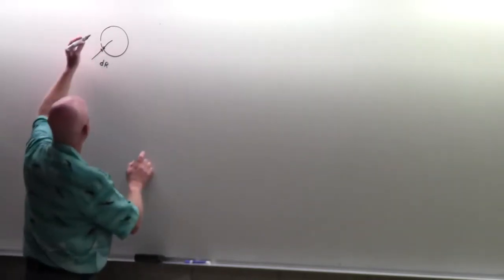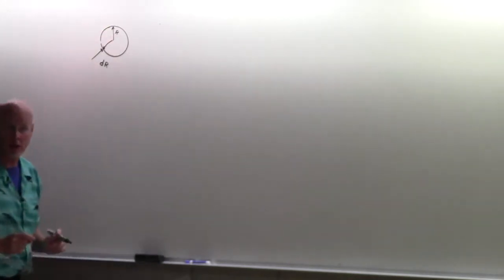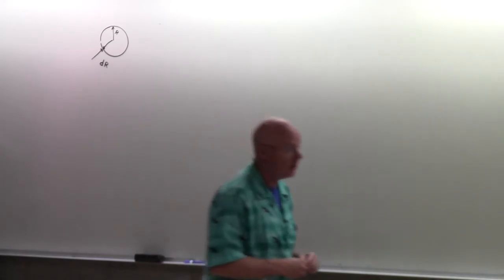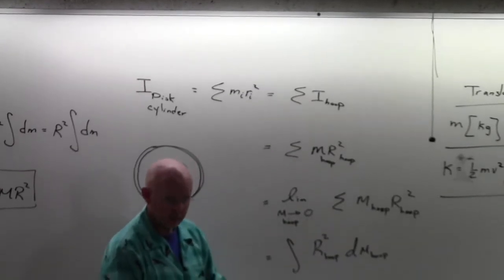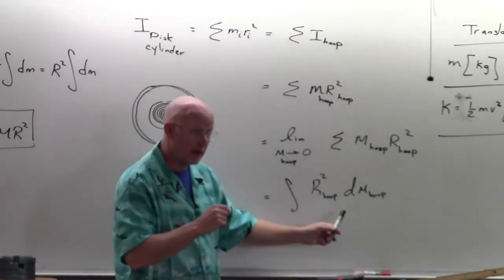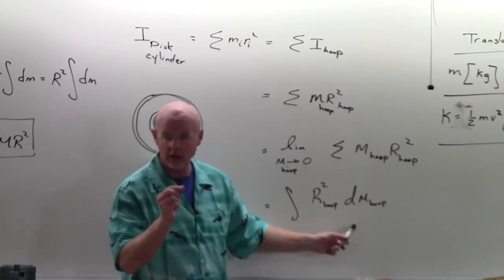Now, don't confuse that with a radius of r. Now over here I have r, not dr. But I think you would agree that the mass is related to the dr.